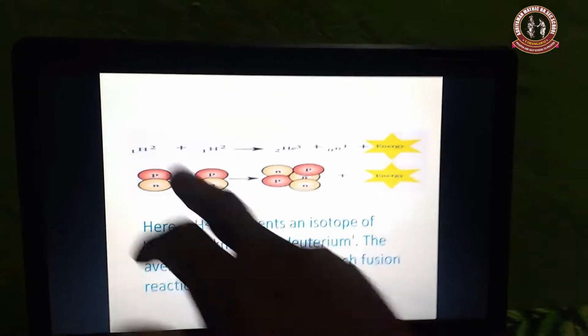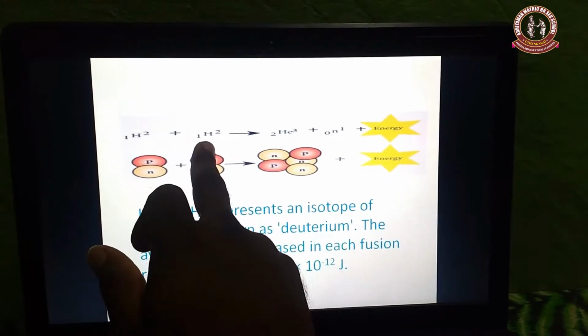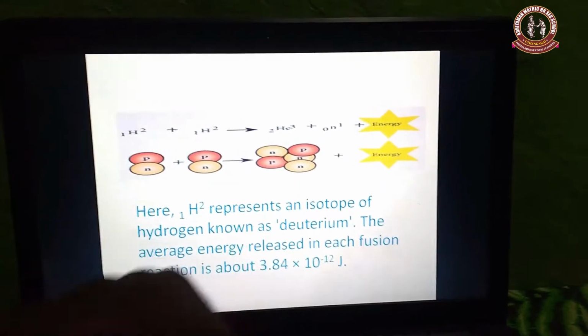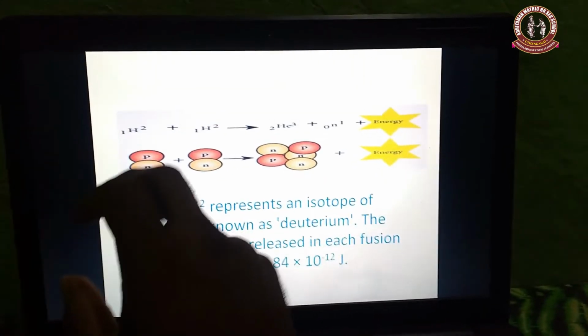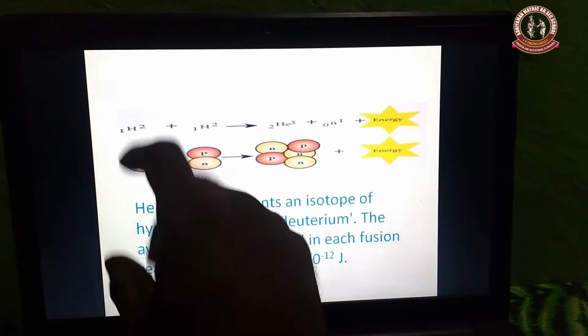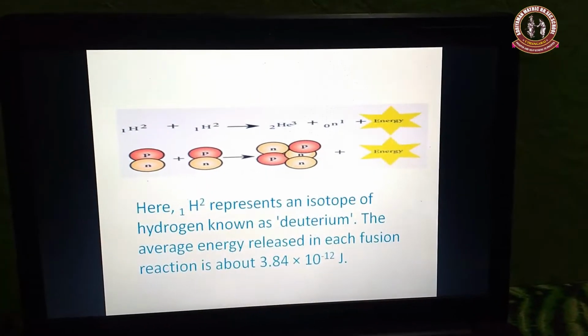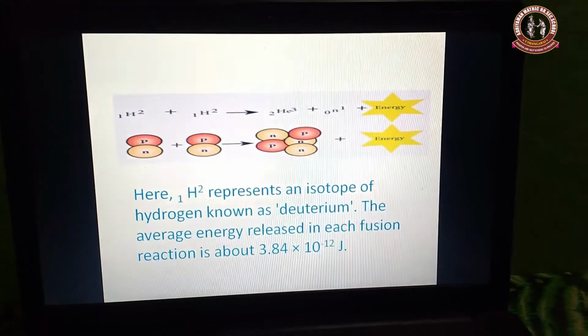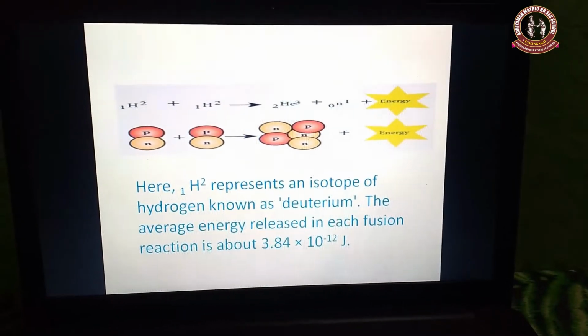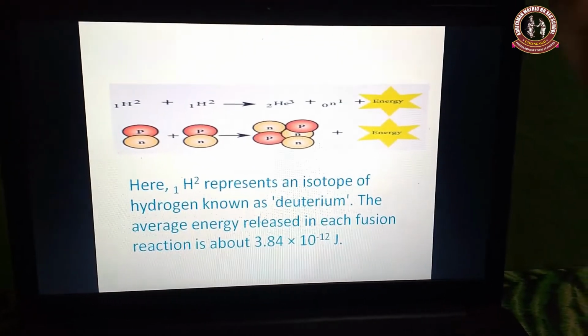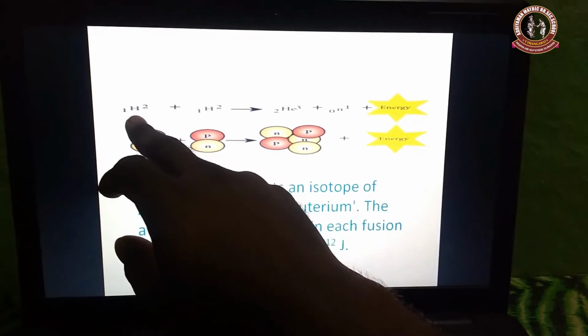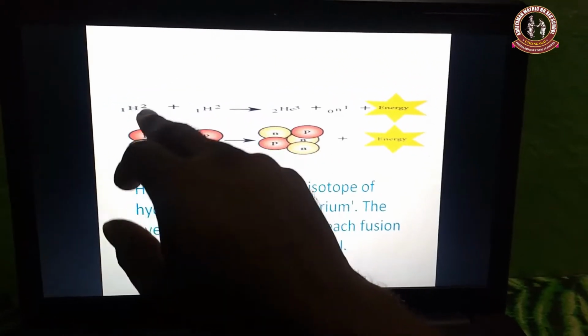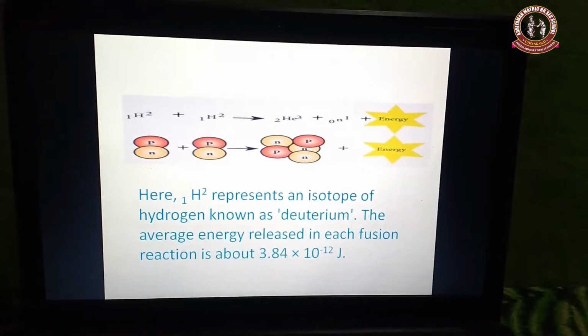Simply put, this deuteron repels the other because both have positive charge. To overcome this repulsive force, we have to give an additional amount of energy, which is heat energy. If we apply that heat energy to these two nuclei, the repulsive force is reduced.